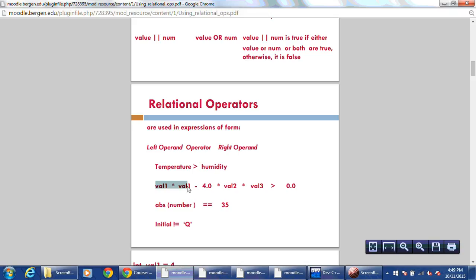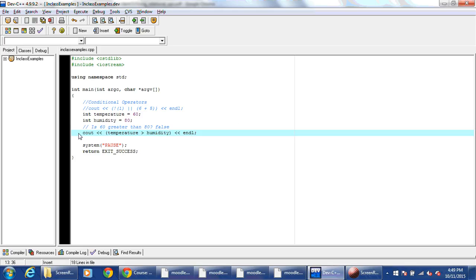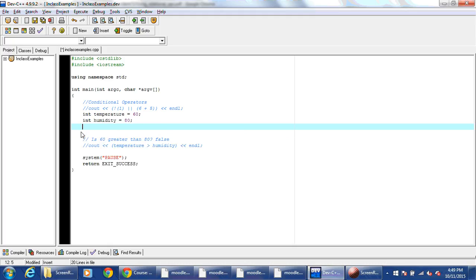So here's a more difficult one. Okay? It has a mixture of arithmetic operators and relational. And you could do that. That's perfectly okay. So, for instance, I'm going to declare val1, val2, and val3. So let's look at this. And some are harder to translate because of just how they're written.